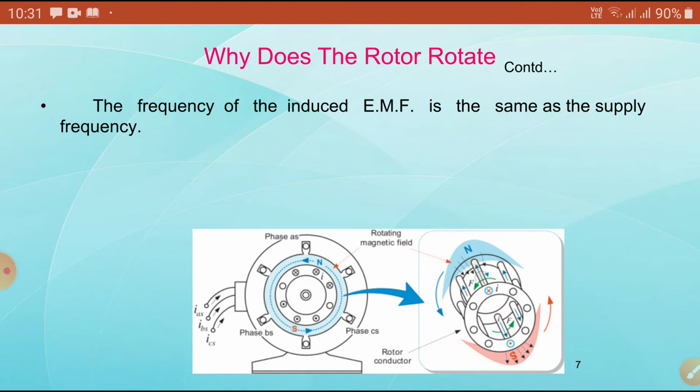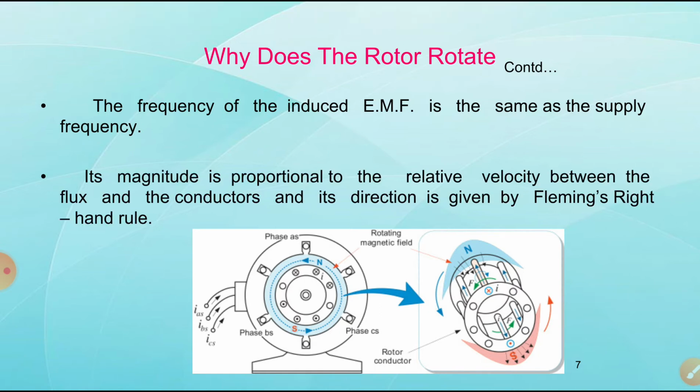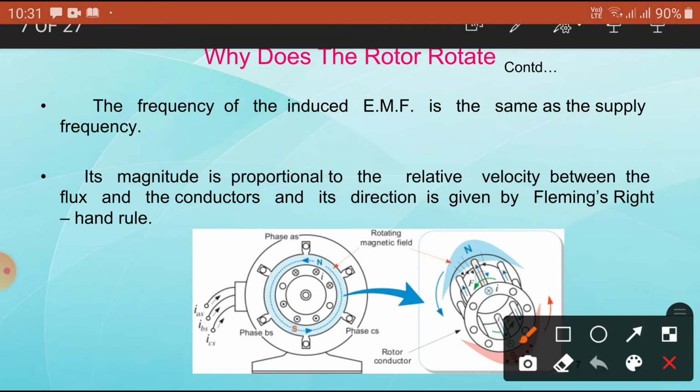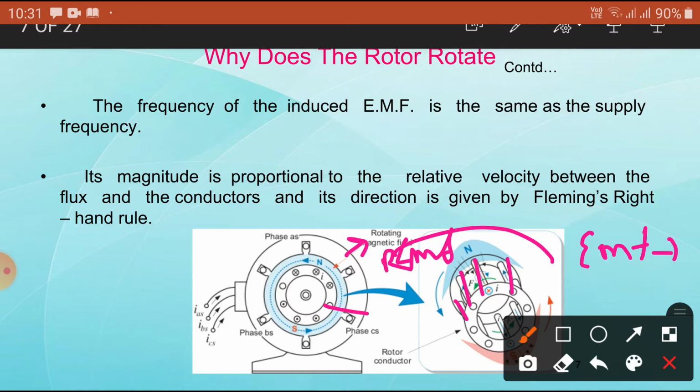That means whatever EMF is induced in the rotor conductors, that EMF frequency depends upon the stator frequency, and at the same time that frequency also varies based on the relative motion between the stationary RMF and the rotor speed. So we can derive that also.